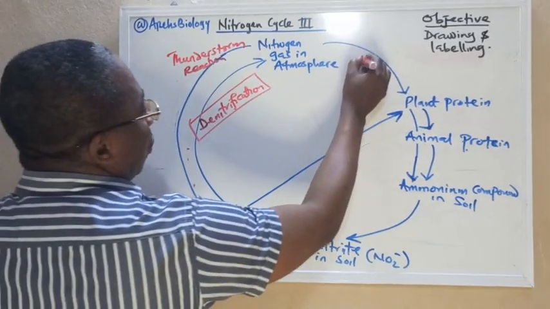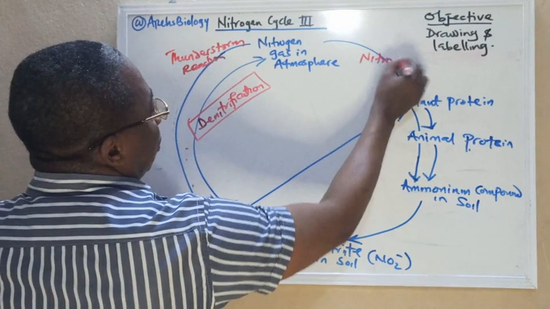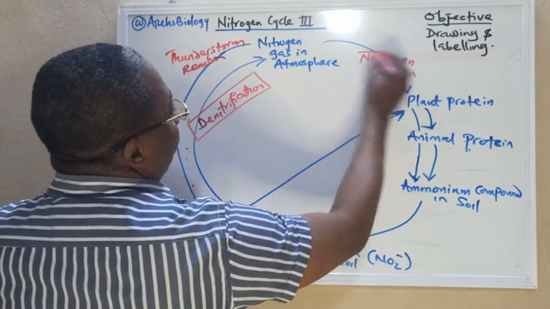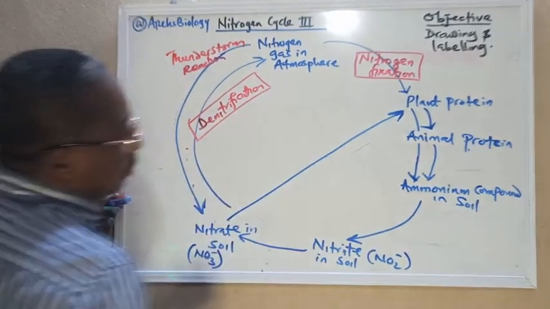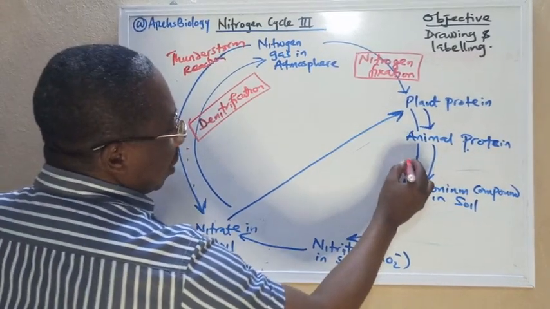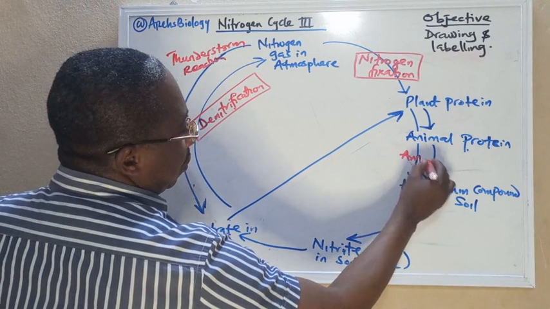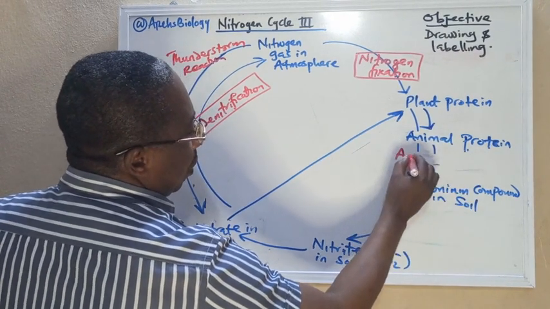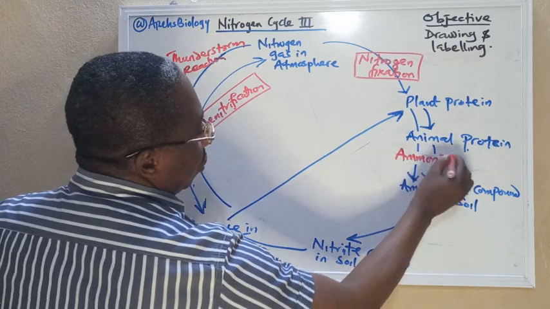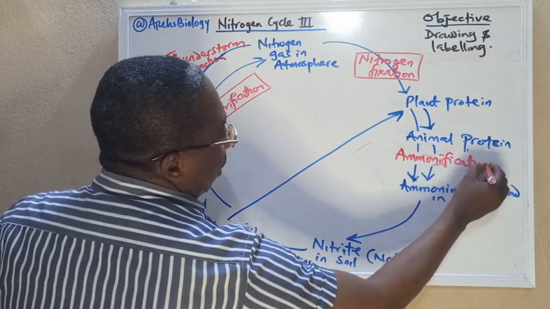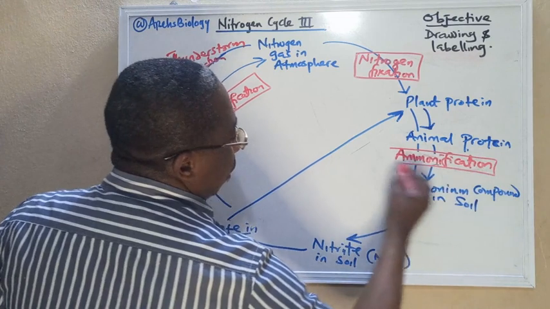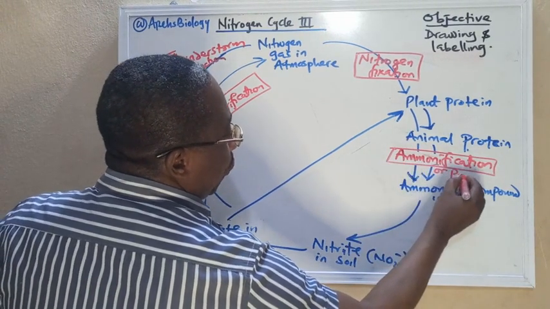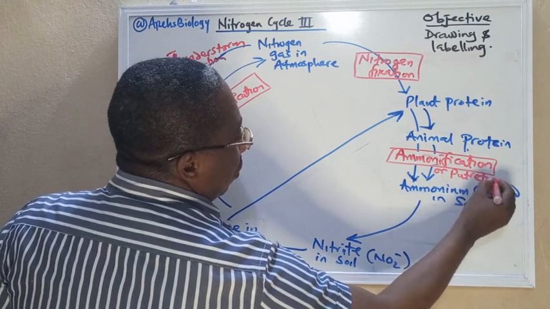This one is going to be called nitrogen fixation. All right, that is where you have your bacteria called rhizobium. From here to here is going to be called ammonification. Remember that ammonification can also be called another name, putrefaction.